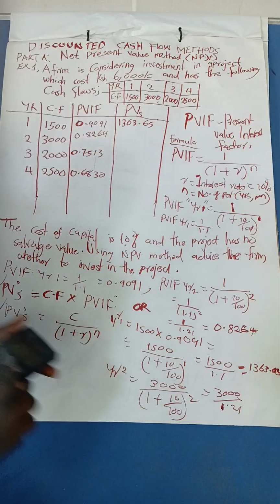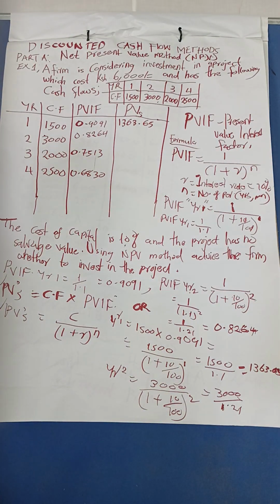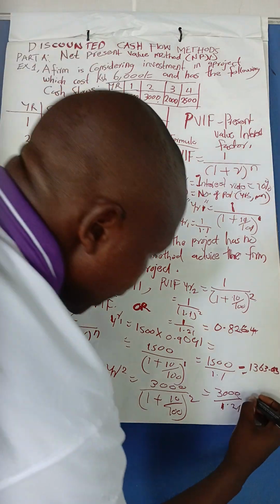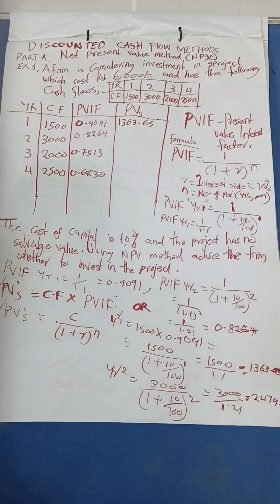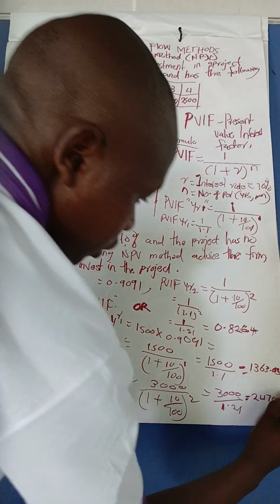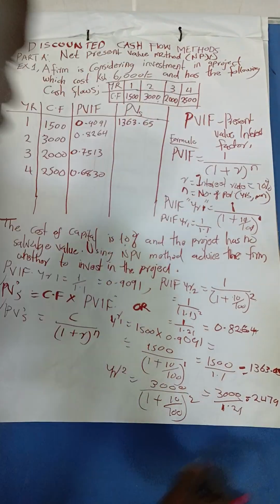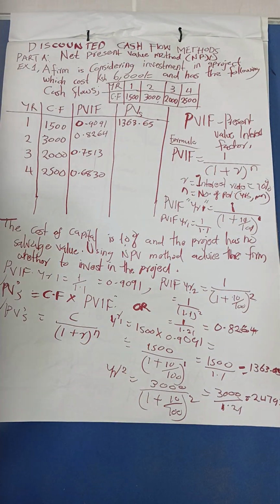So 3,000 divided by 1.21. I'll have 2479.34. Good. So you just do that and you are good to go.